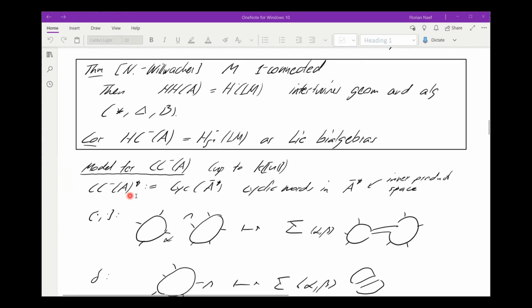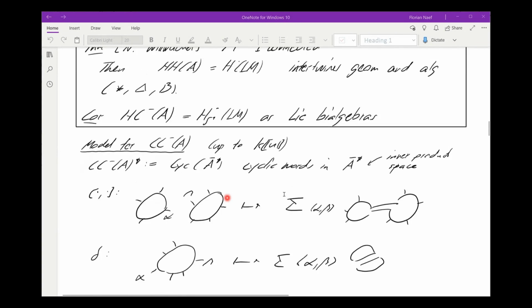What I take is literally cyclic words, and I dualize it once again so that a bracket looks again like a bracket, and a cobracket looks again like a cobracket. So the model that I take is cyclic words in the dual of the algebra. Let's recall that because A was supposed to be a Frobenius algebra, or this Poincaré duality model, it comes with an inner product.